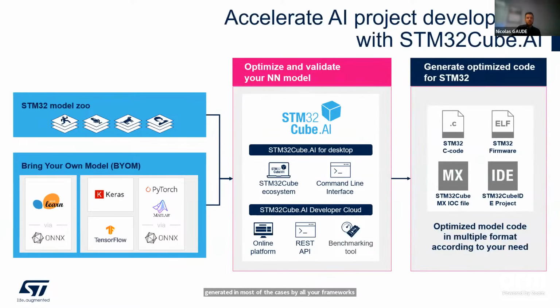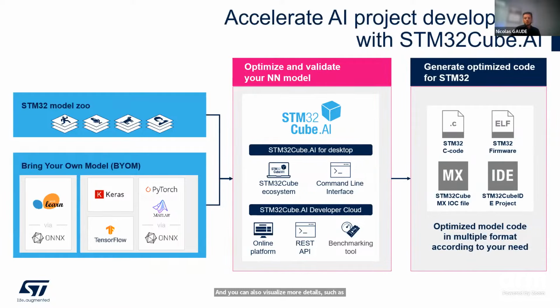Once the model is imported in STM32 Cube.AI, the tool will optimize the network for STM32 targets, and evaluate the hardware requirements to execute such network: processing power, inference time, and memory footprint. Performance validation can be done directly on the target connected to the computer, and you can also visualize more details such as execution time per layer and memory usage per layer.